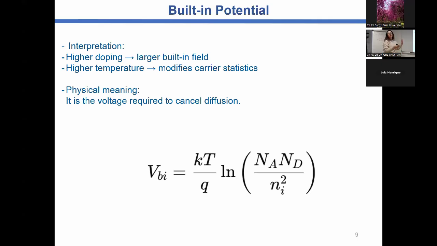So if we change the number of carriers, we will modify the doping, also of the material. So there is a thermodynamic effect. At the same temperature, we can compare, but if we have a different temperature, we cannot compare the materials.